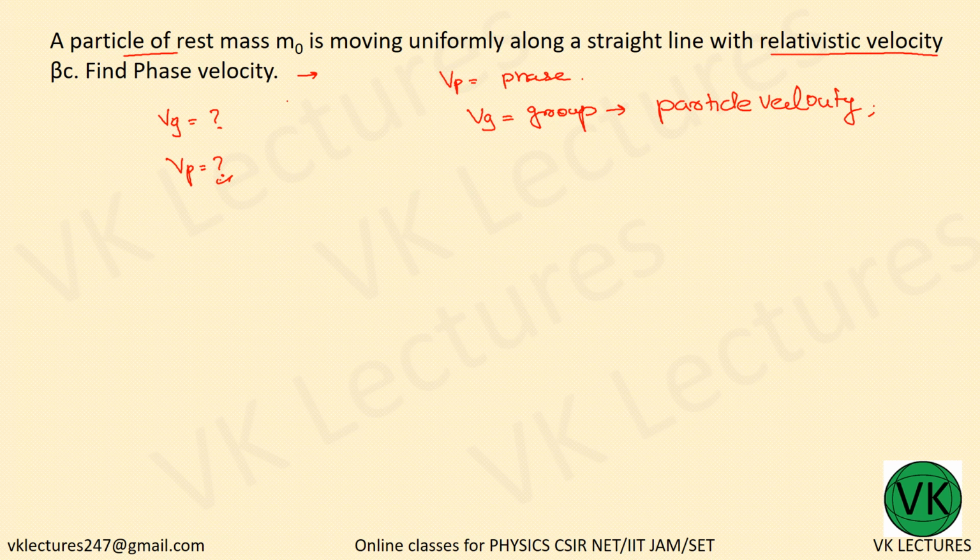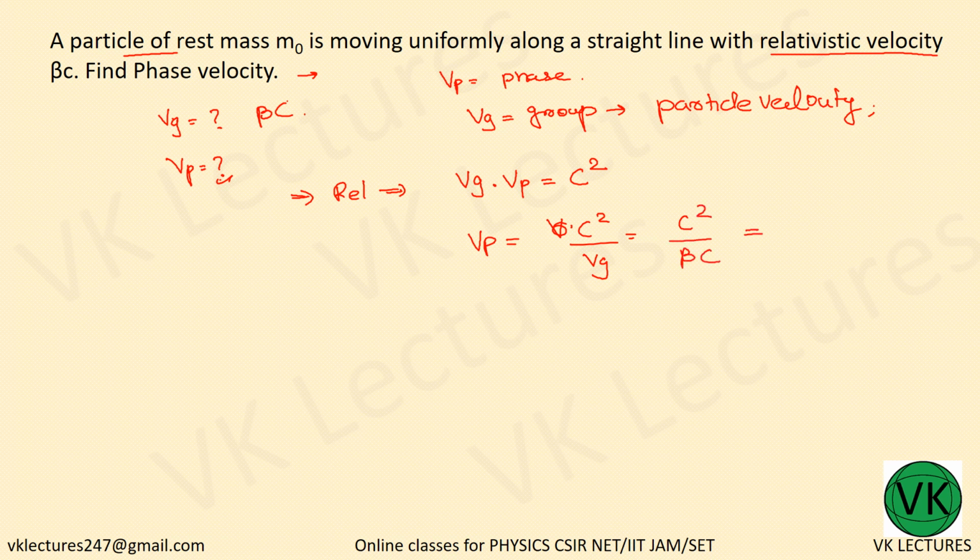So Vg is equal to beta c. Now for relativistic aspects we can write Vg into Vp is nothing but c square. So Vp is equal to c square divided by Vg, that's c square divided by beta c, that is Vp equal to c by beta, and Vg equal to beta c.